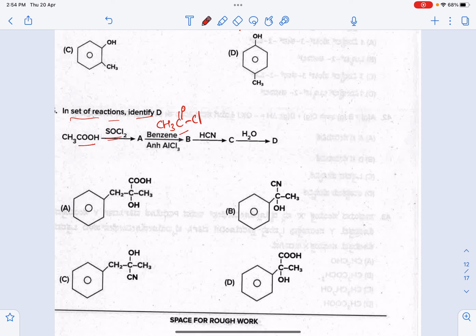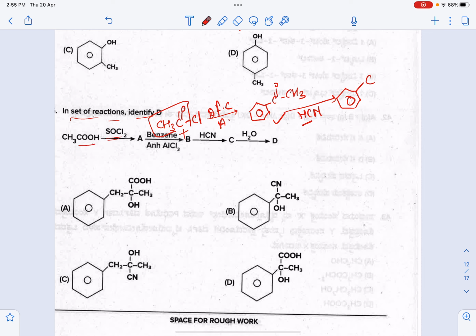When this acetyl chloride reacts with benzene and anhydrous AlCl3, it undergoes Friedel-Crafts acylation, where this group is added on the benzene ring. After this, when treated with HCN, it forms a cyanohydrin, with OH and CN attached here, and CH3 here.